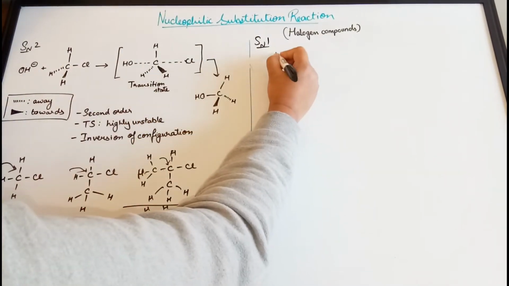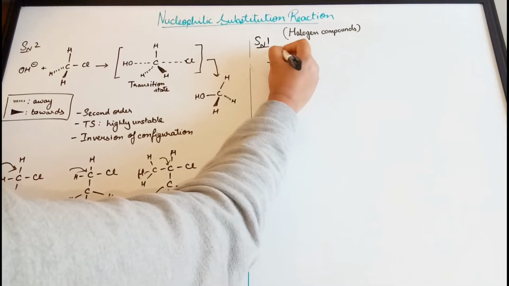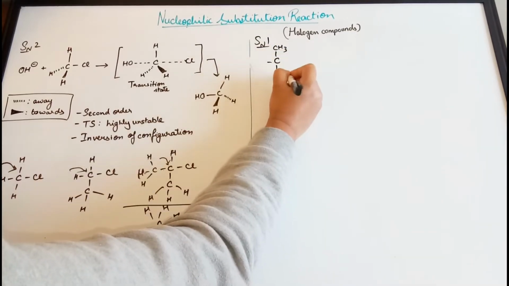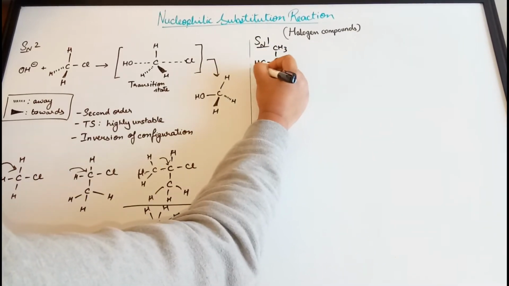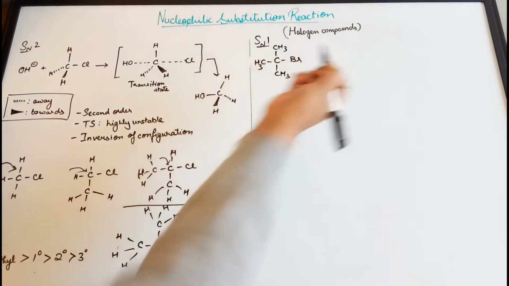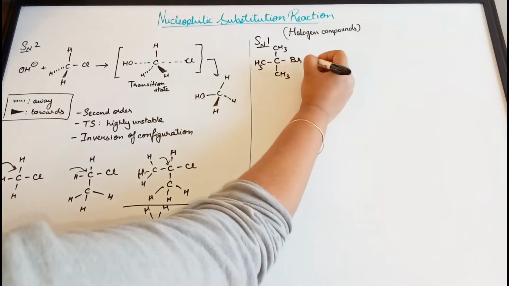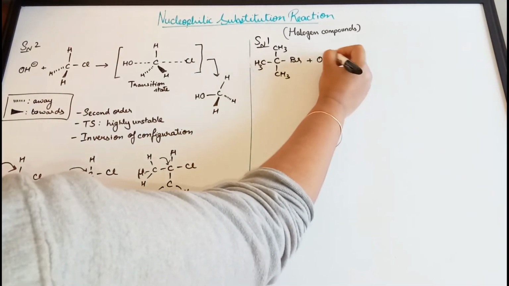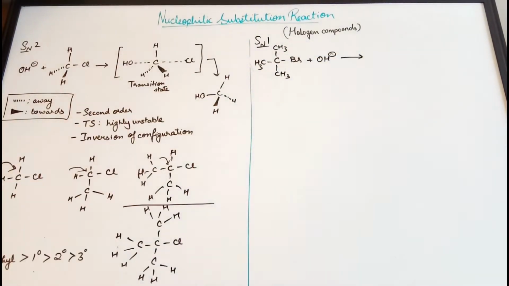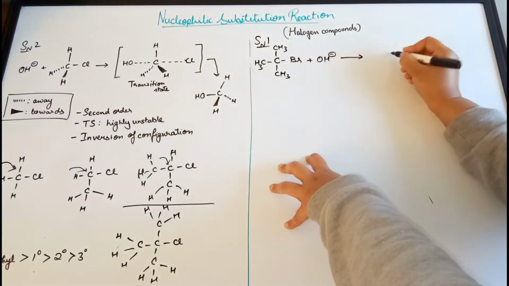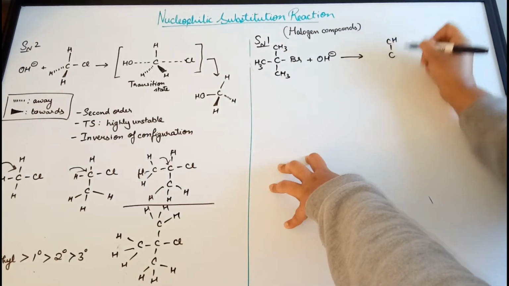So you have CH3 and Br. Now this is undergoing a nucleophilic substitution reaction with an OH minus, and this is leading to the replacement of the bromine with the OH minus or OH. So you get a tertiary alcohol.